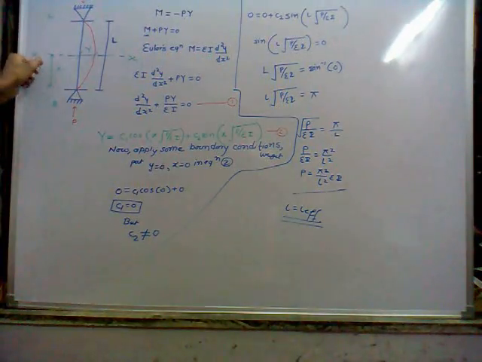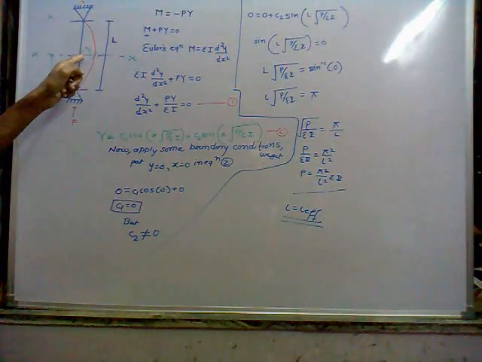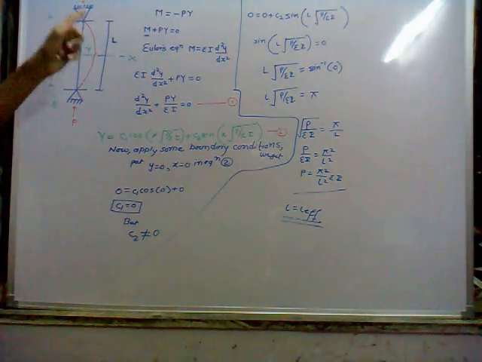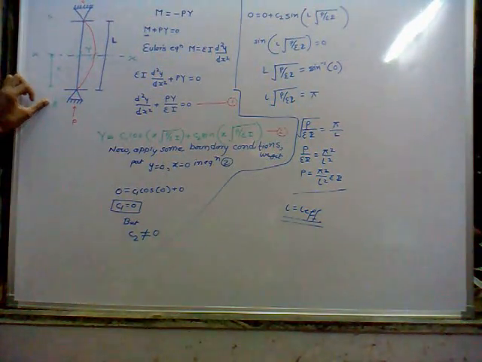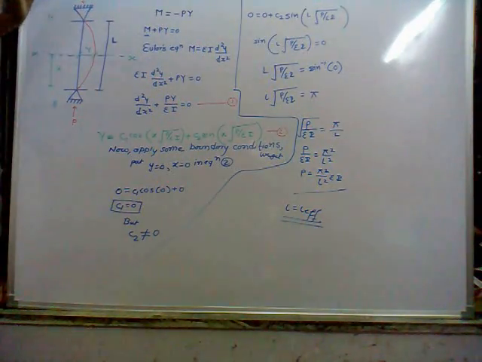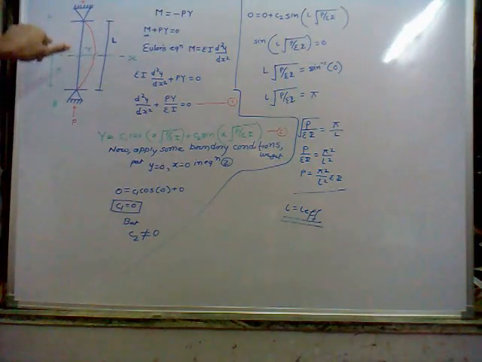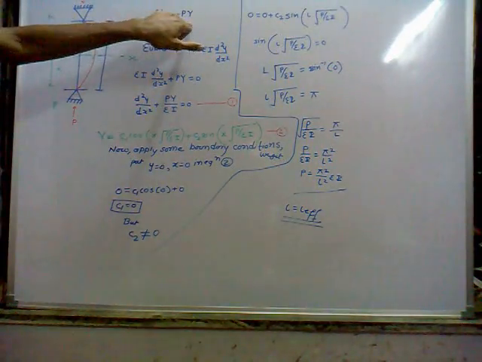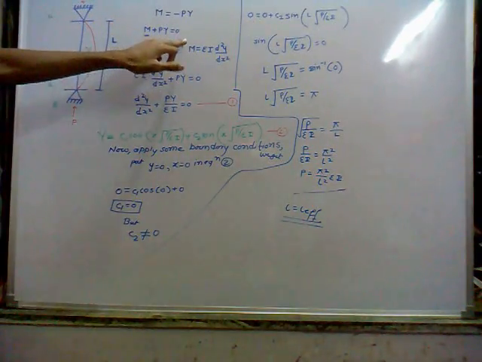Here I draw a section XX. The distance of maximum bending from the column axis is given by y. The total column length is capital L, and the distance from point B to the section is x. Taking the moment at the point from the upward direction, it is anti-clockwise, so M equals minus Py, that is M plus Py equals 0.